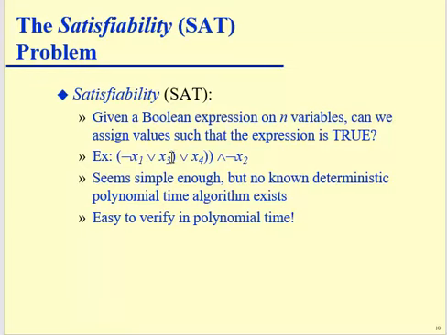And in this, I'm going to have four variables. Given a Boolean expression on n variables, can we assign values such that the expression is true? That means you need to assign values like zeros or ones to all these variables, and find out whether the output is true or false. Again, this is a decision problem because the output is either 0 or 1.